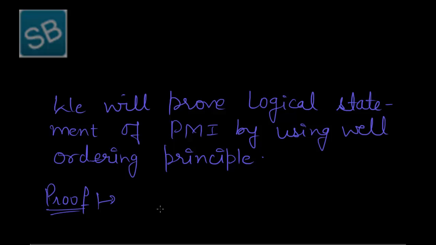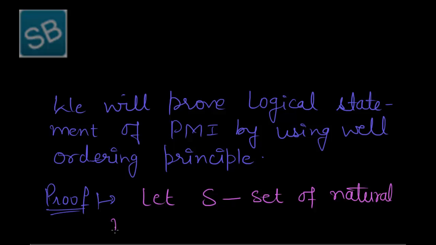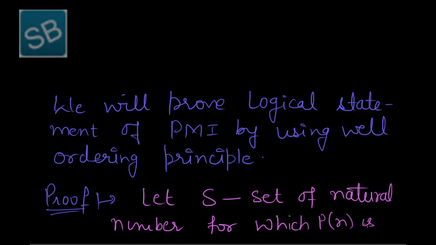First of all, let S be a set of natural numbers for which P of n is false. That is, for all n belonging to S, P of n is false.